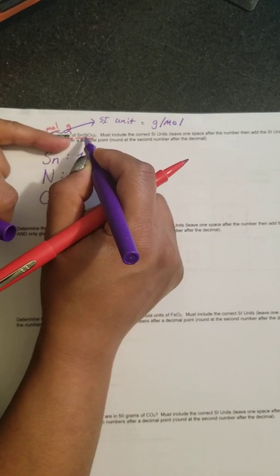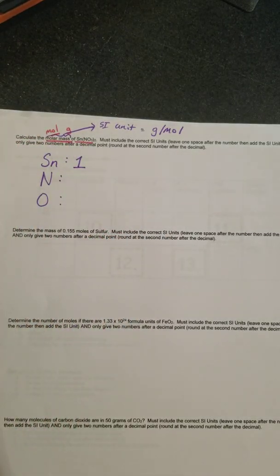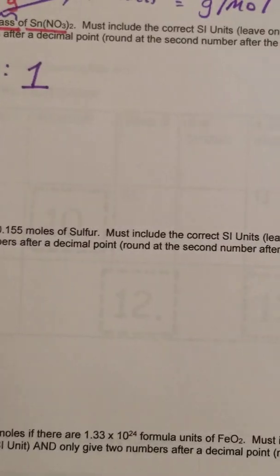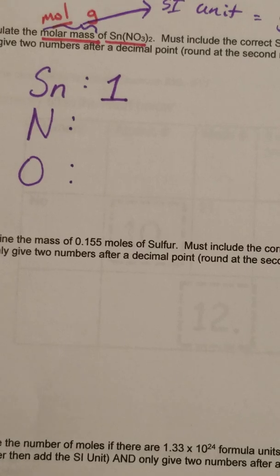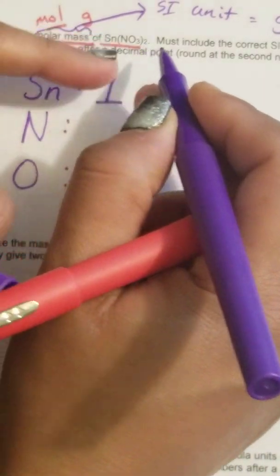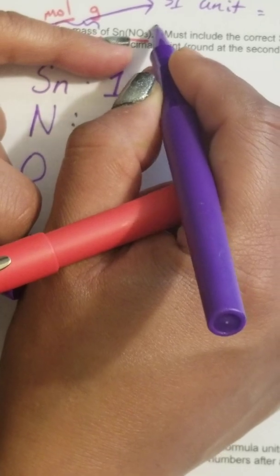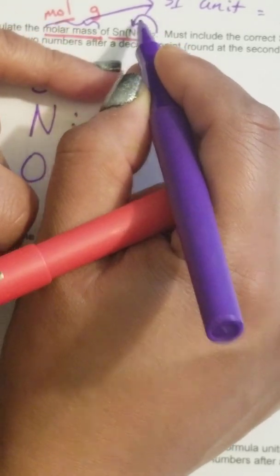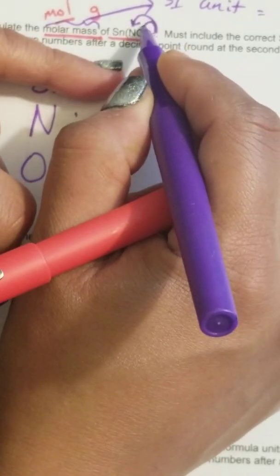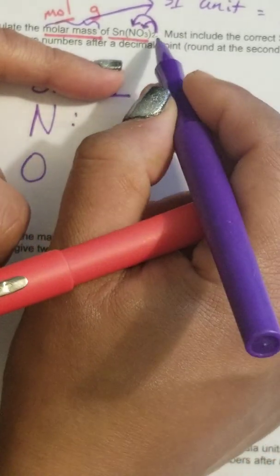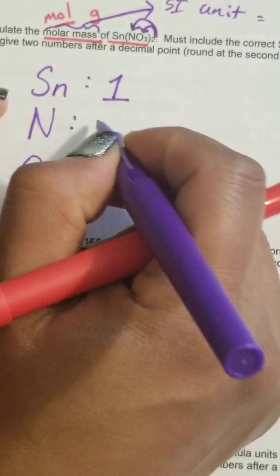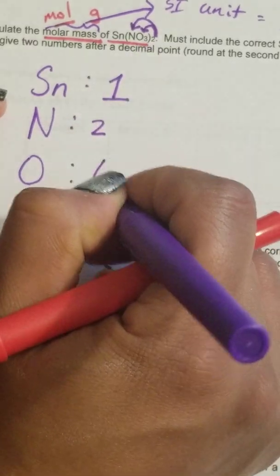Because there's no number behind the Sn, that means there is a number 1 that's invisible. The nitrogen, there is a number 1 behind it. It's invisible, but this 2 is going to be distributed inside of the parentheses to the N and to the O as well. So 2 times 1 is 2. 2 times 3 is 6.